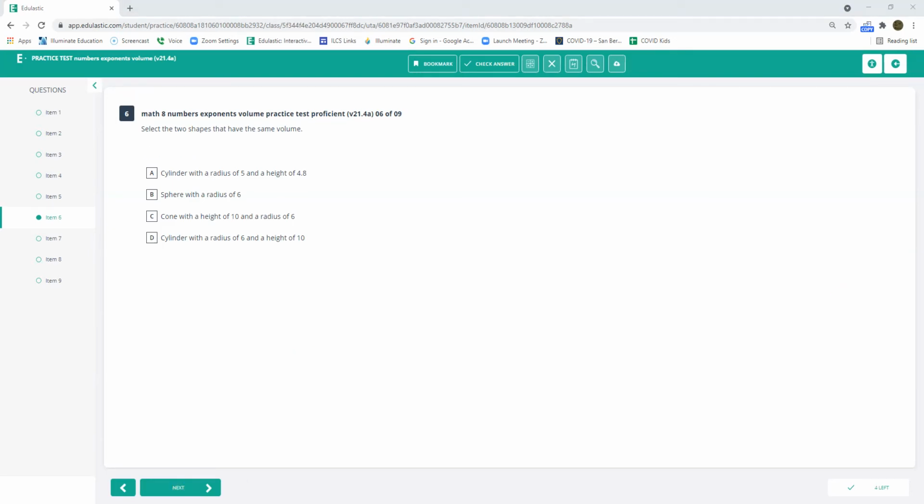Got it. Select the two shapes that have the same volume. So a cylinder with a radius of 5, that's going to be 5, 5, with a height of 4.8, and I'm going to leave pi as pi. Next one, a sphere with a radius of 6, that's going to be 4 times 6, 6, 6, pi divided by 3.